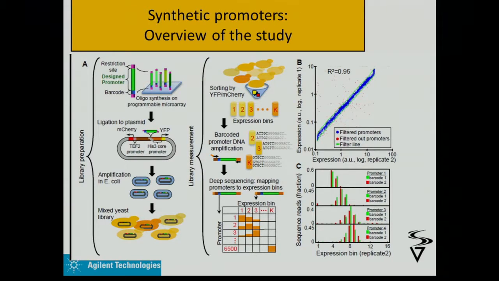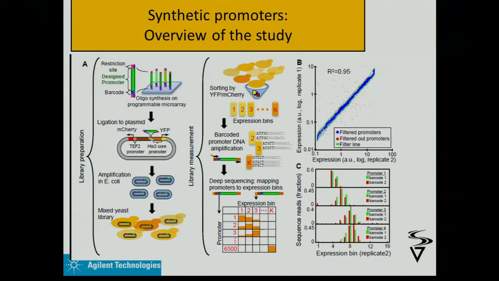So we synthesize these, we cleave them off, we put them into plasmids, which are standard plasmids for that matter, that can go into yeast and express this yellow fluorescence protein from the promoter that we just played with the sequence of. Okay, so now we have, in this case, 6,500 different sequences here.